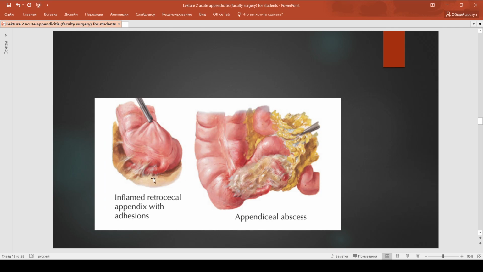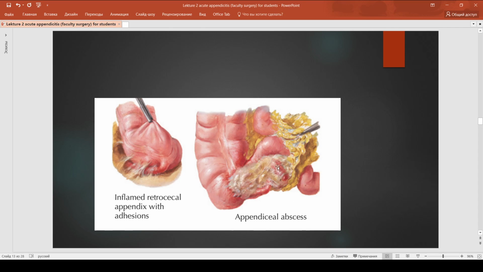This is an inflamed retrocecal appendix with adhesions. As you see, these are adhesions. Adhesions are a protection reaction of our peritoneum to inflammation. Every operation leads to adhesions. And this is an appendiceal abscess.